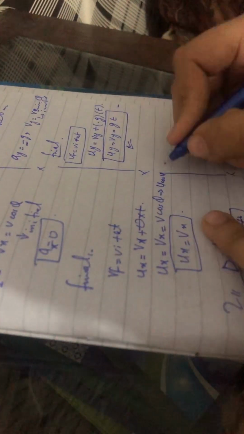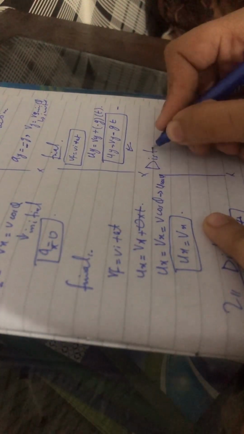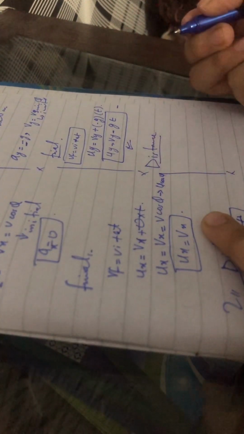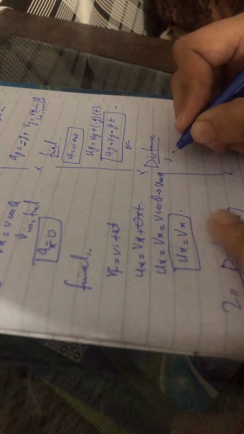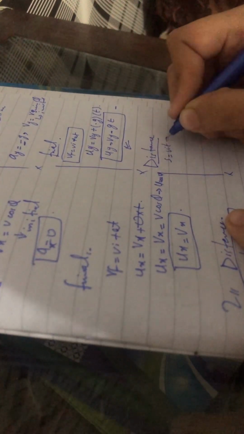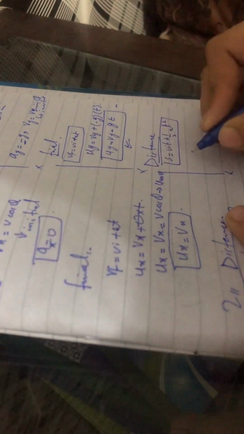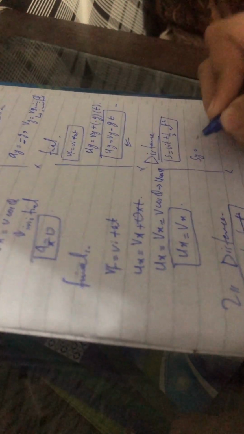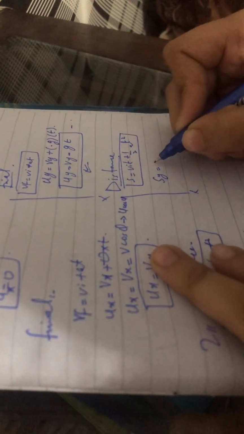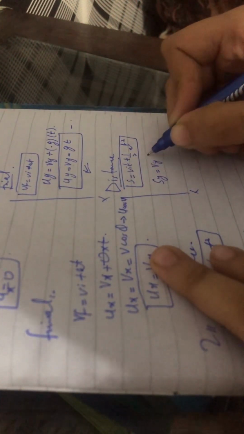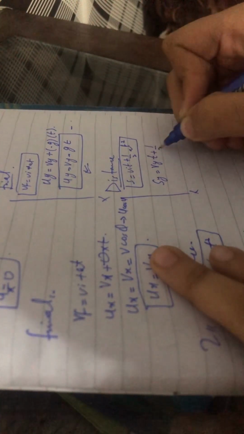Now if we talk about the distance in the y direction, that will be s is equal to vit plus half at square. We will use the same. So sy, as before we did sx, here sy is equal to vy t plus half, and what is the acceleration?